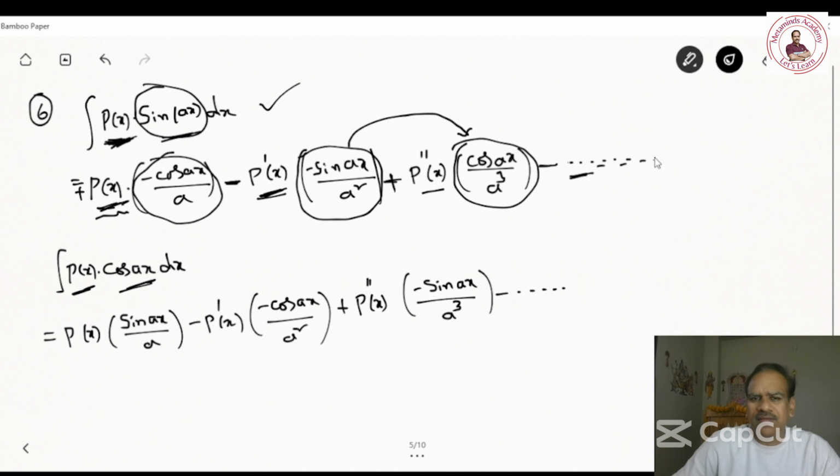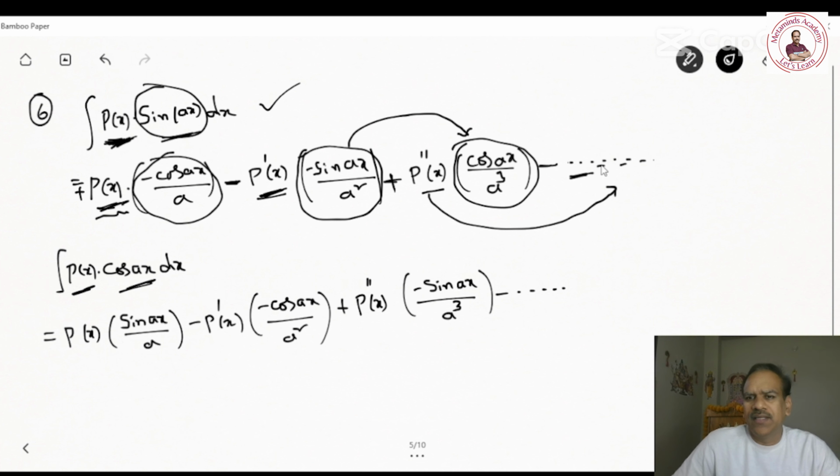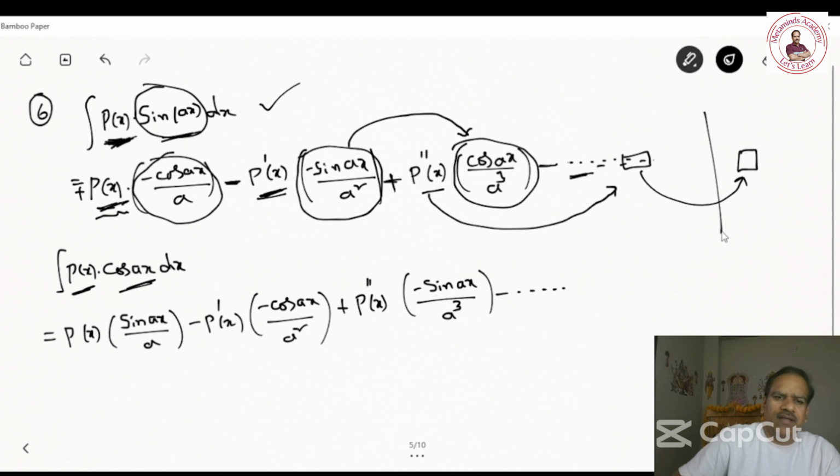So this process will be terminated somewhere, right? Where is it going to terminate? Whenever the polynomial derivative becomes 0. Because it is a polynomial, when you keep on differentiating it, somewhere it will become a constant, and in the next term its derivative becomes 0, right? So here the process is terminated and you will get the answer.